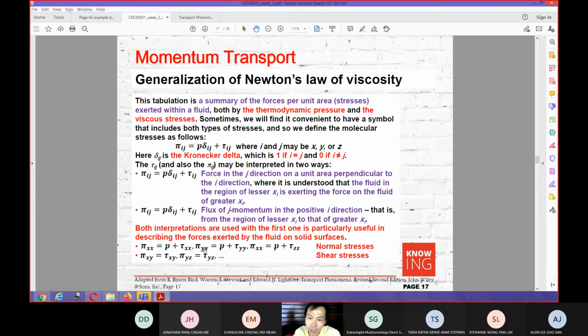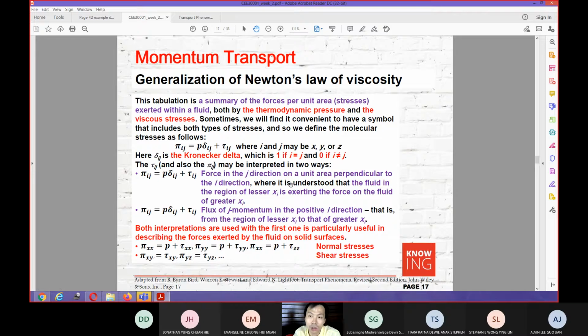Like I told you last week, because we have a two-direction quantity in here, this is called a tensor. For example, in this particular force, the momentum in the y direction is transferred in the x direction.